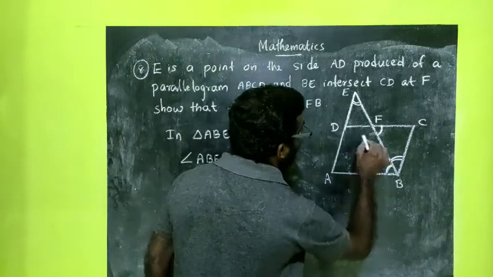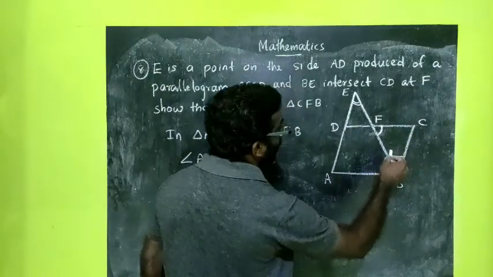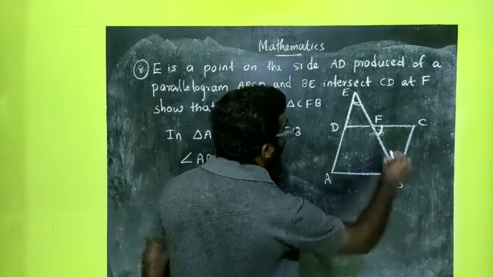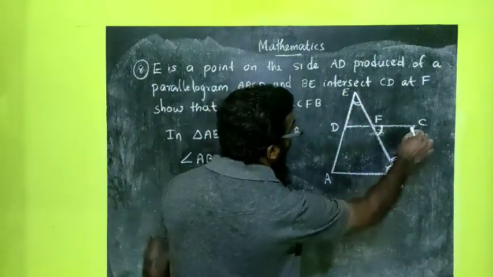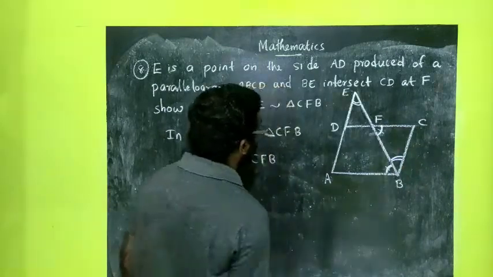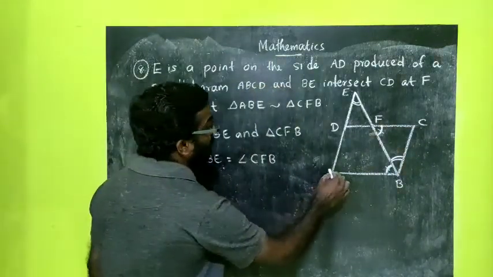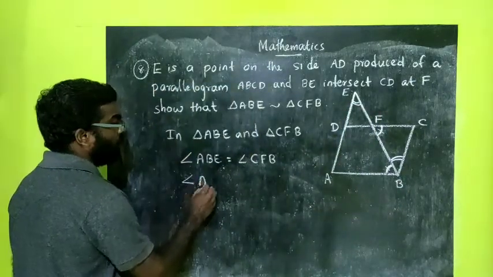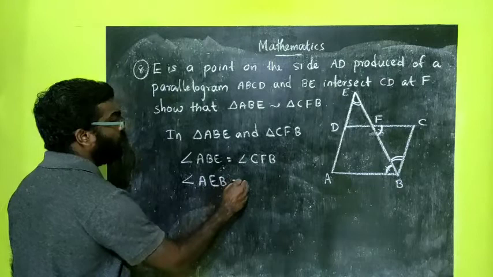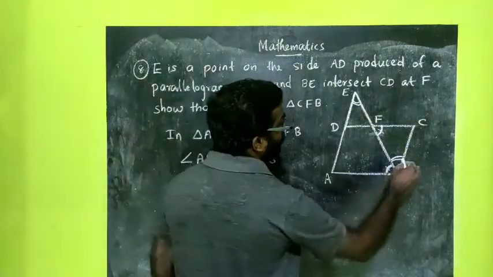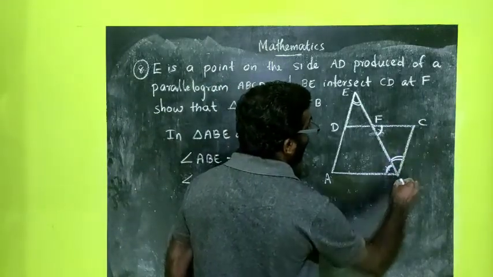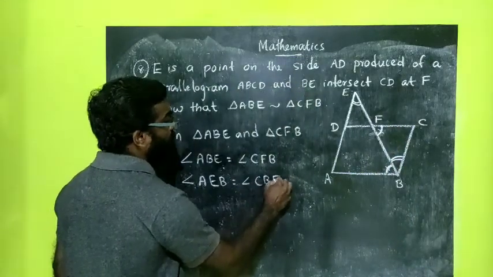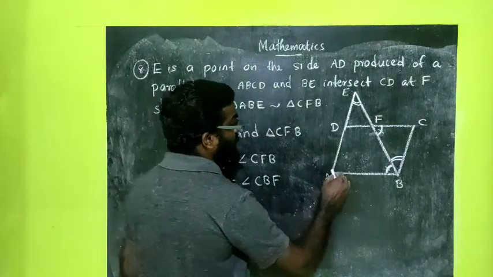Since AB is parallel to DC, we can say these two angles are alternate angles, angle ABE and angle CFB. Similarly, in the large triangle, angle AEB will be equal to angle CBF. Here also the same concept.